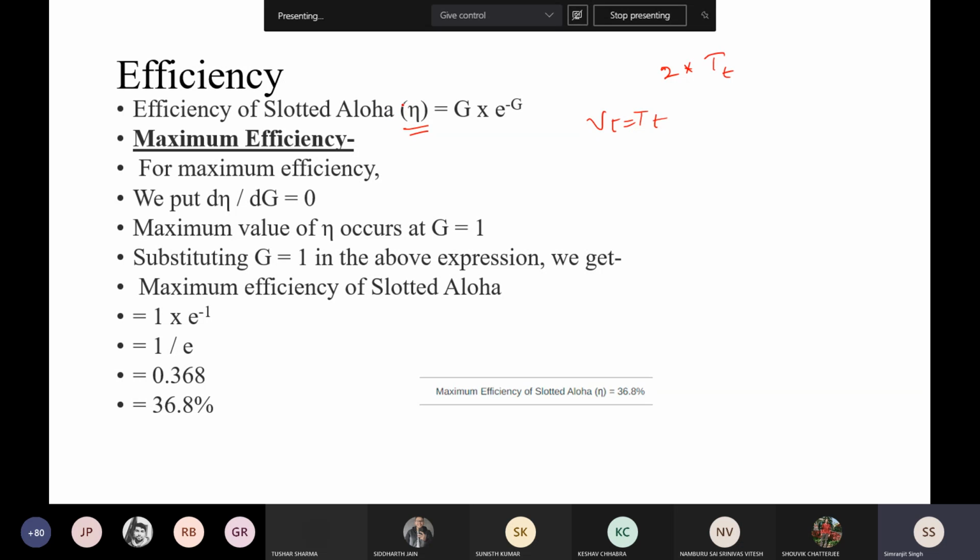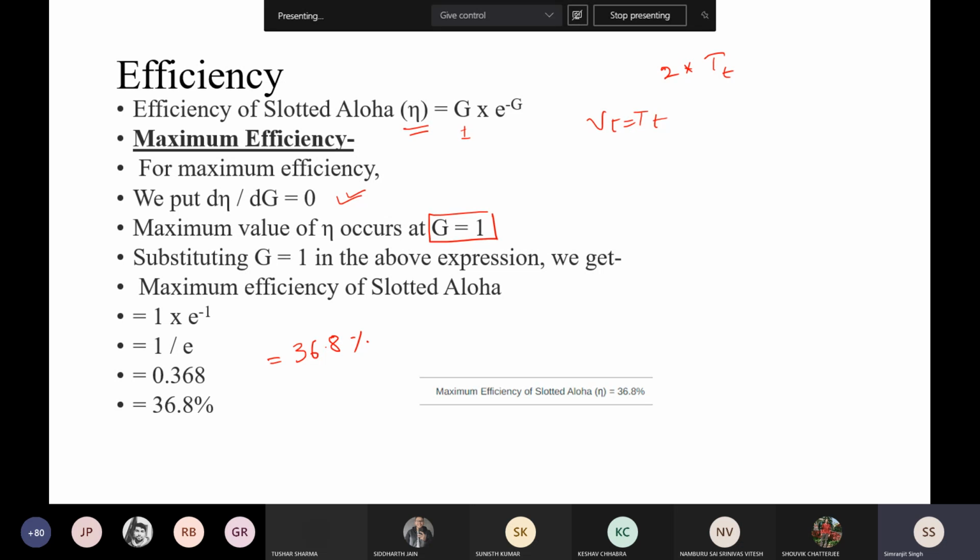You take the derivative with respect to G and equate it to 0. You will find that G is 1, and putting the value of 1 here, it will be 36.8%. So keep in mind that pure Aloha has 18.4% and slotted Aloha has 36.8% efficiency.